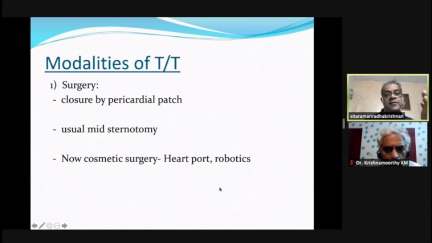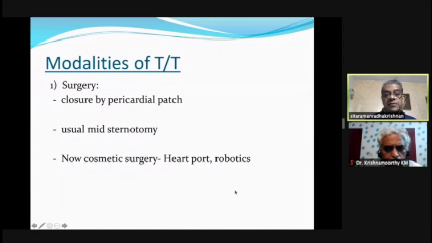The only restricting factor is the size of the peripheral arteries and veins, which is actually all measured on ultrasound. They have their own cutoff, and finally, they take a decision if heart port surgery can be done. I have not seen robotics. We have read about it, but robotics I have not seen being performed to close atrial septal defect. I'm sure there would be centers in our country doing it, but it started with a big bang at our institute.